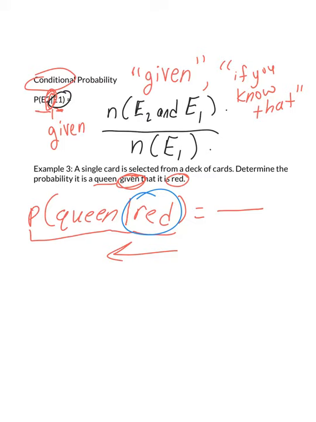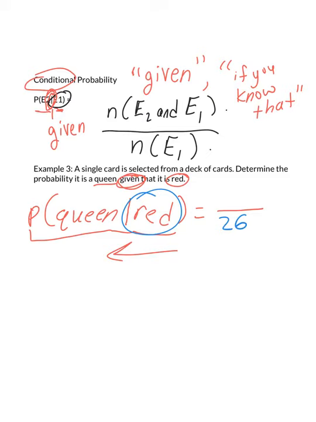Because what this question means is somebody has only given to you all the red cards. Now that you only have red cards in front of you, how many of those remaining red cards are also queens? You have 26 total red cards in a deck of cards. So you just have 26 cards, half the deck sitting in front of you.